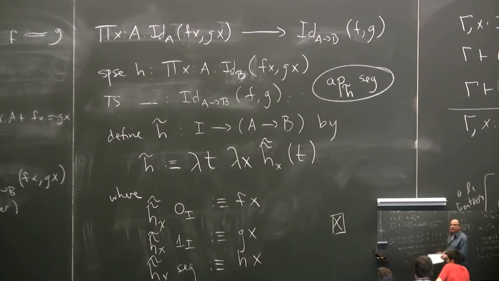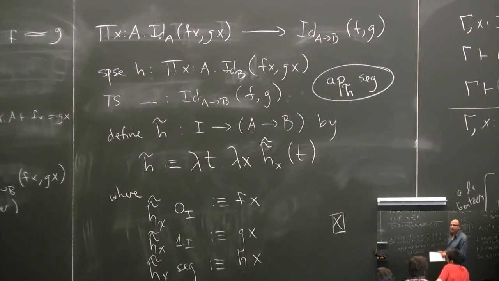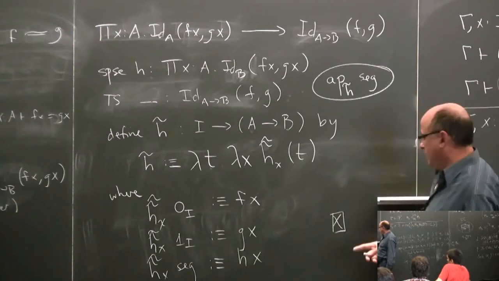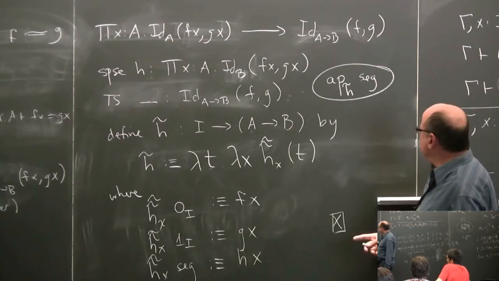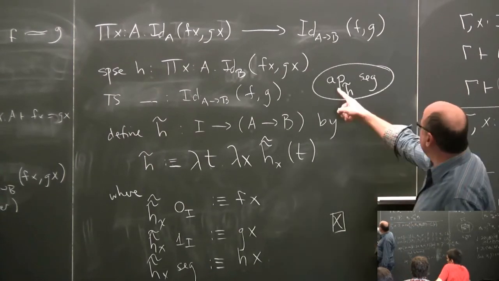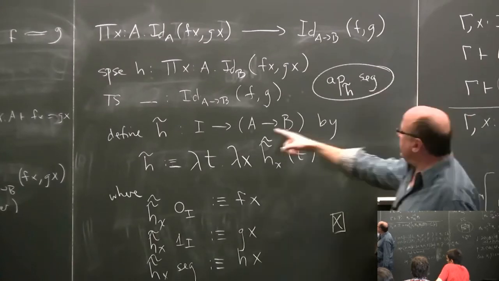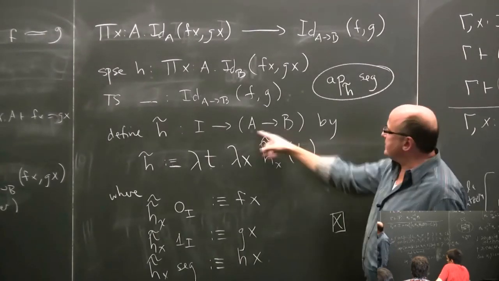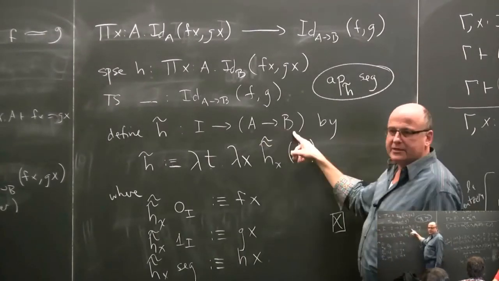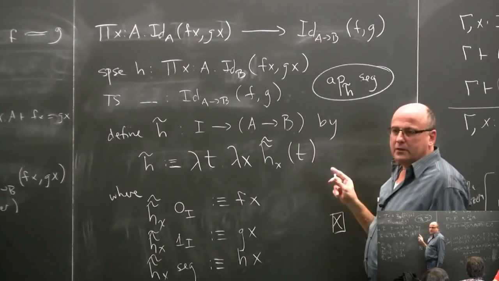H of x is a non-dependent path, and the set is requesting a dependent path over it. Yeah, so you're saying this will come out to be a path over something, but this is a constant family. Is that what you're asking? There's an implicit conversion.